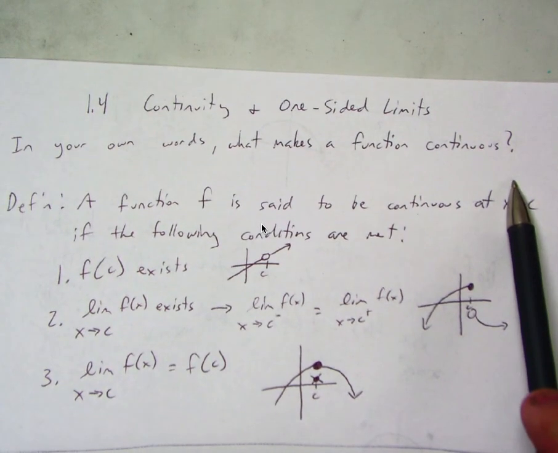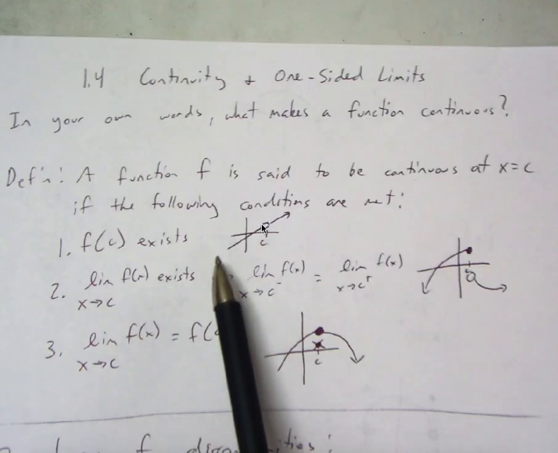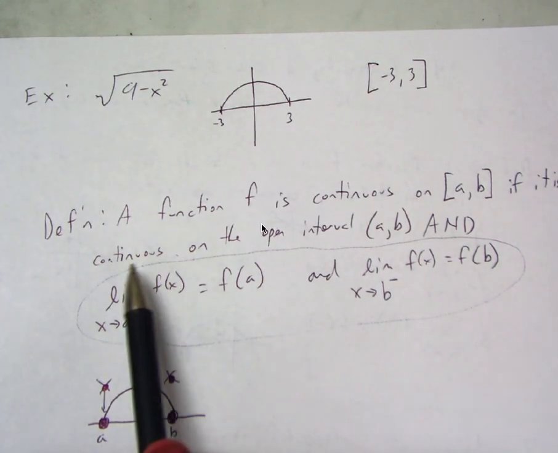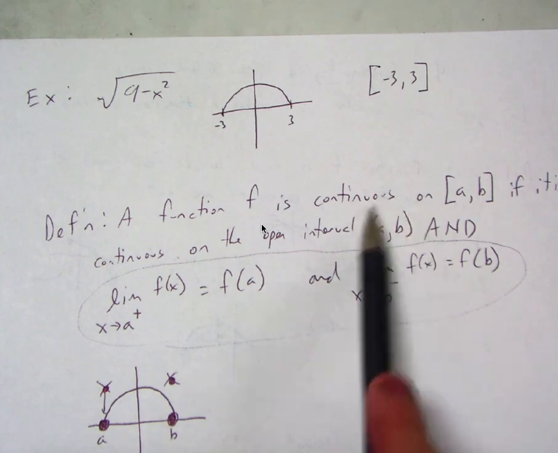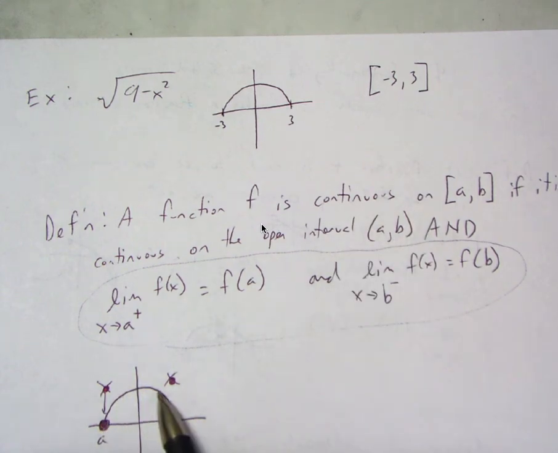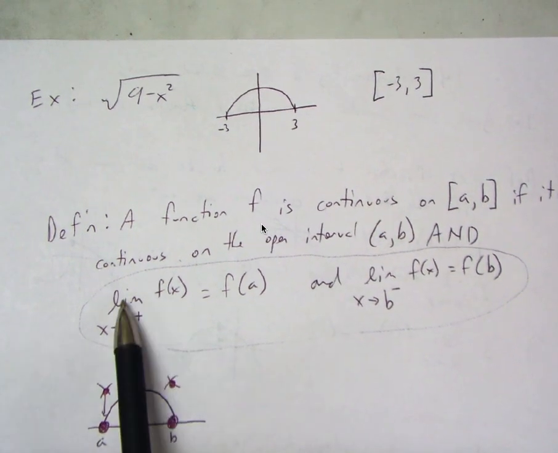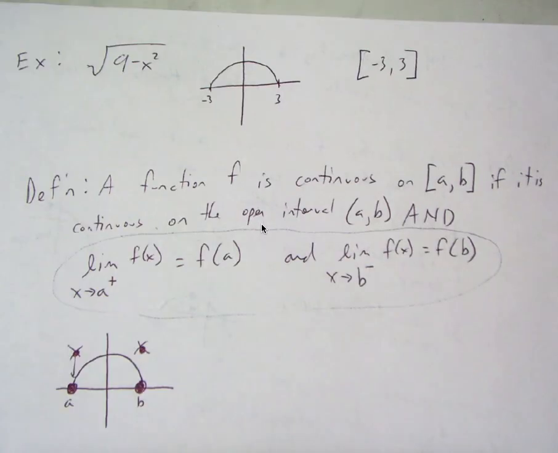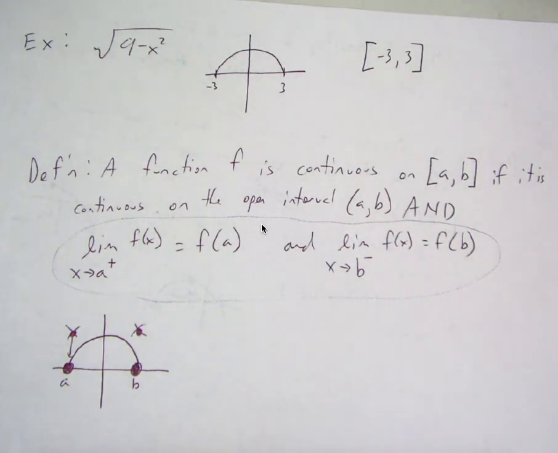You first need to talk about a function being continuous at all the points, and this is what that means. These conditions must be met. But if you're on a closed interval, the function has to be continuous everywhere inside the interval, not at the endpoints. And then at the endpoints, these two things have to be true as well. All right. Have fun.